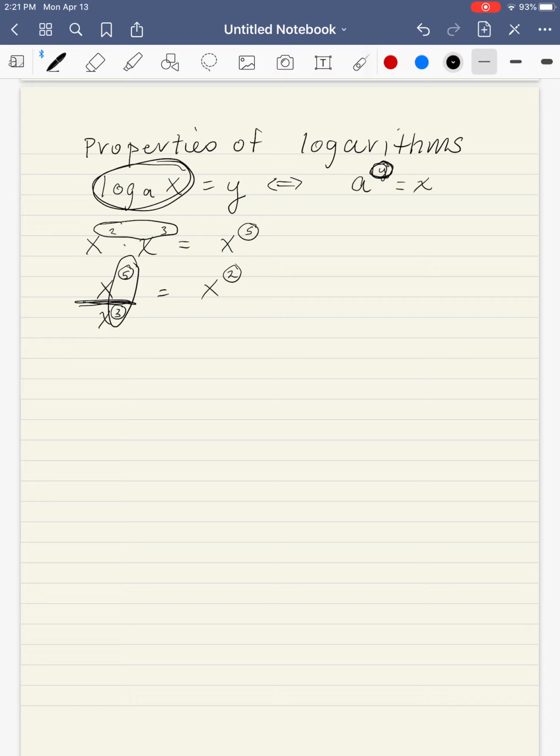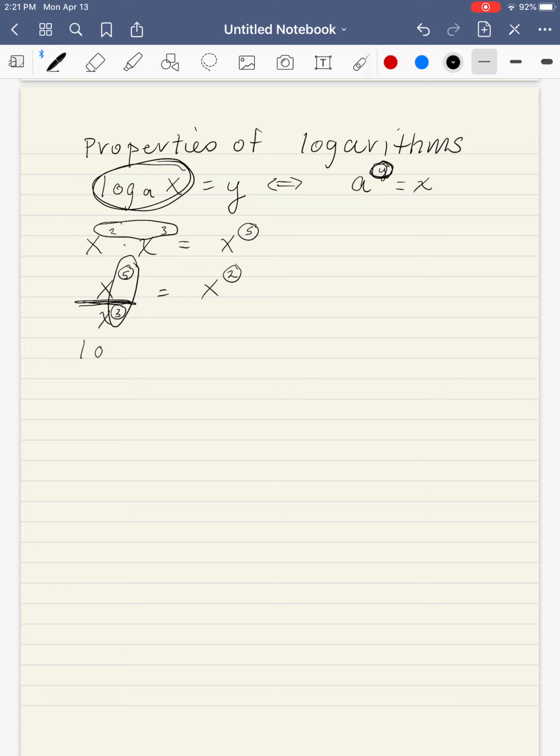And we're going to see that those rules follow when we're working with logarithms. But before we get to that, let's review some of the things that we already know about logarithms.